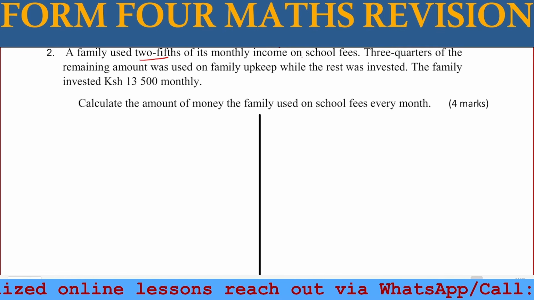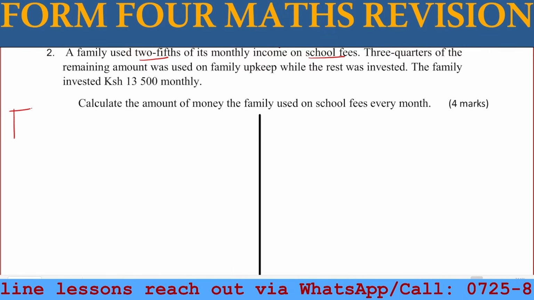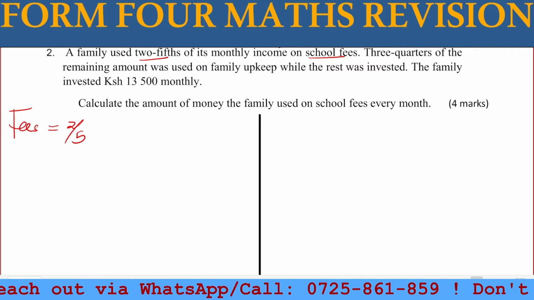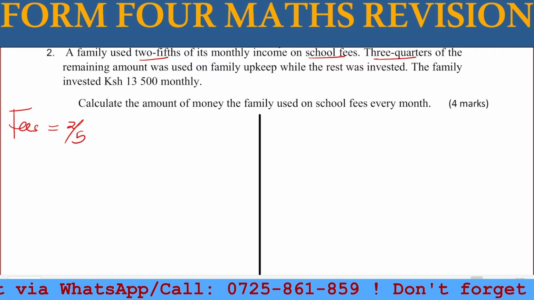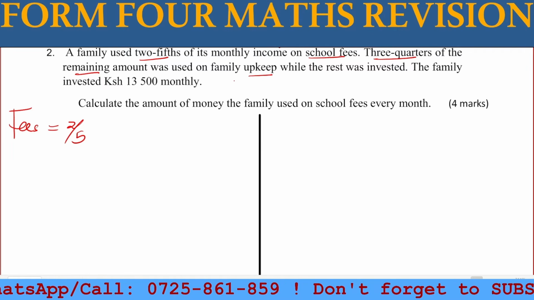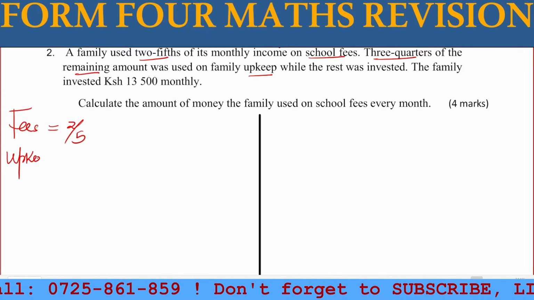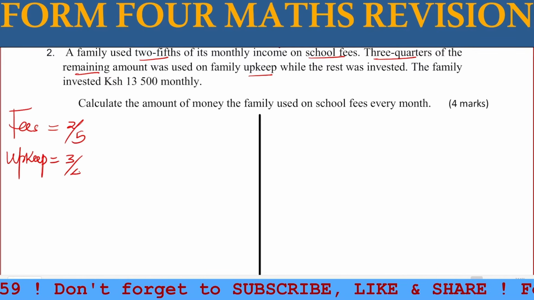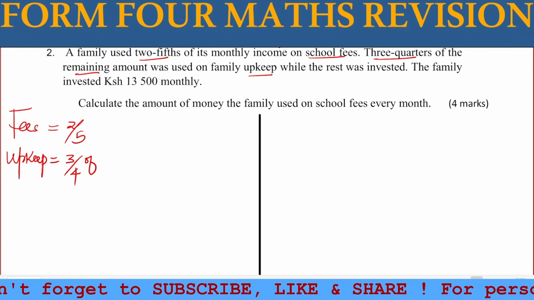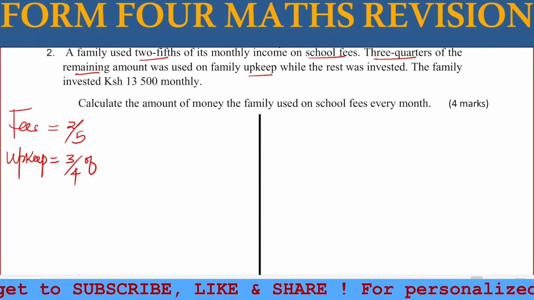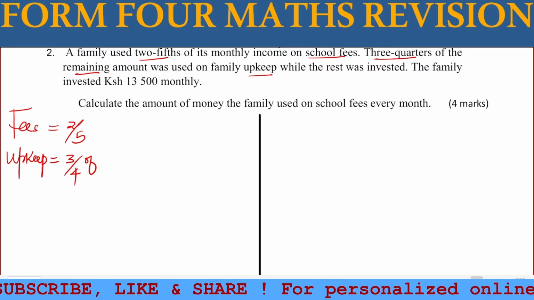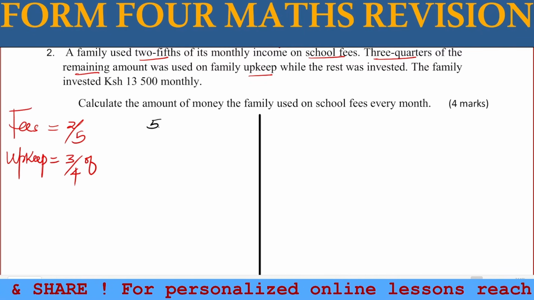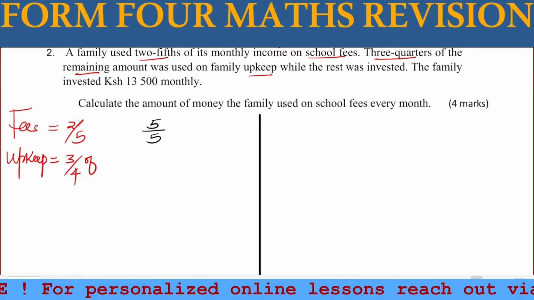2/5 was used on school fees. So for the fees, that was 2/5. Then 3/4 of the remaining was used on family upkeep. So what is the remaining? After using 2/5 on the fees, what remained, assuming that the whole amount was 5 over 5 or 1?